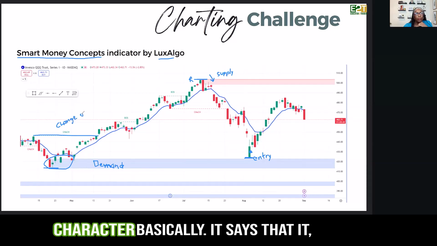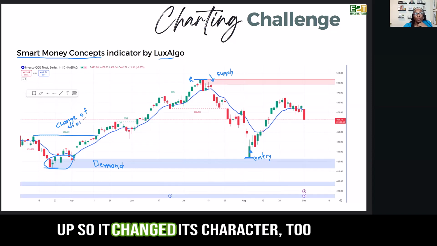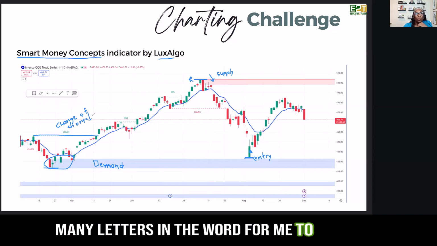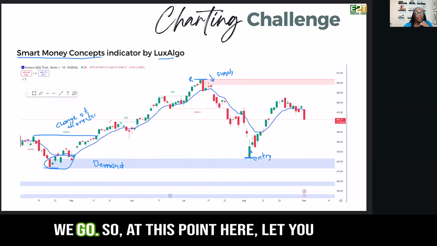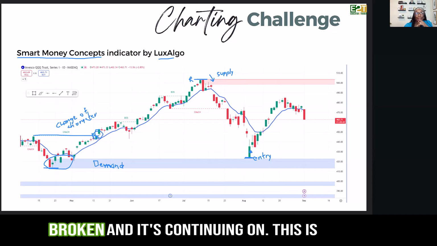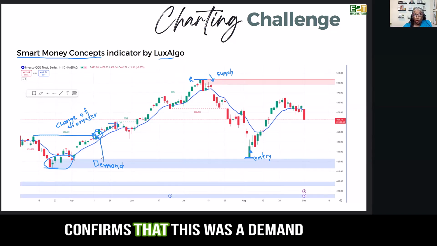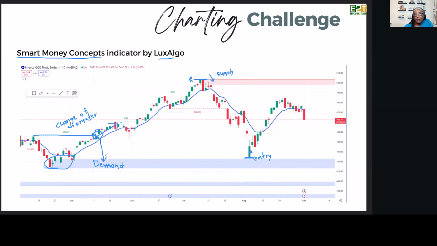Basically, it says that it changed from going down to going up. So it changed its character. Too many letters in the word for me to type using my mouse, but here we go. So at this point, that lets you know that the structure has been broken and it's continuing on. This is what confirms that this was a demand area.